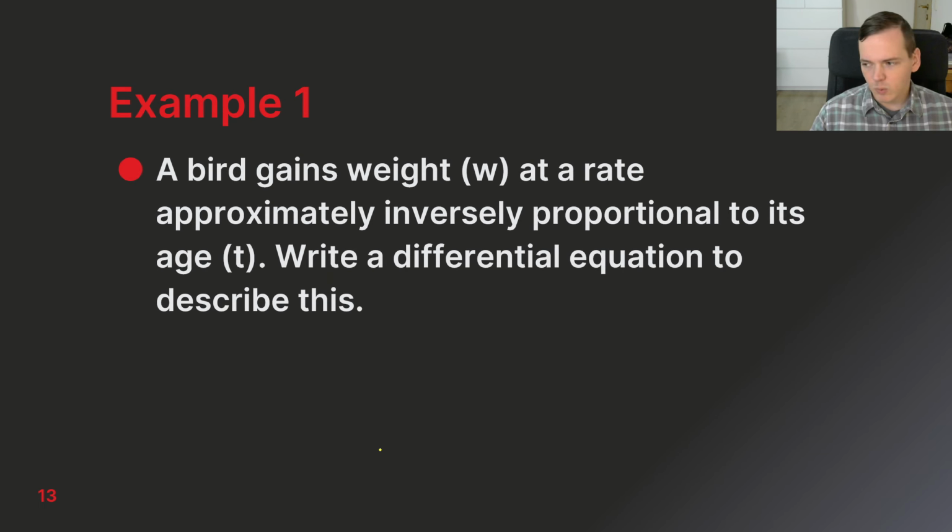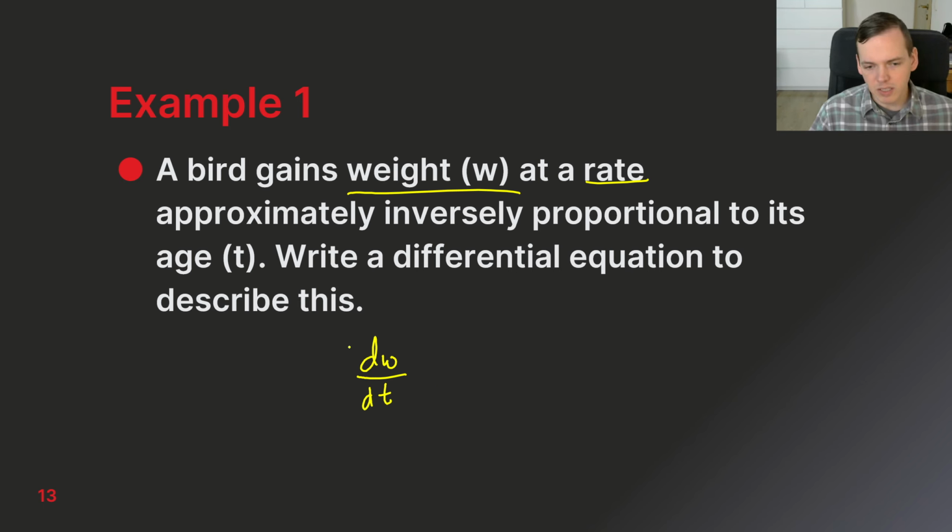So a bird gains weight at a rate approximately inversely proportional to its age t. Write a differential equation to describe this. So we're looking at the change in weight because we're saying the rate of the weight. So it's dW, and we're talking about the rate of change. It makes sense to be talking about time. It's not quite clear here. It will be clear in other problems that you would deal with.